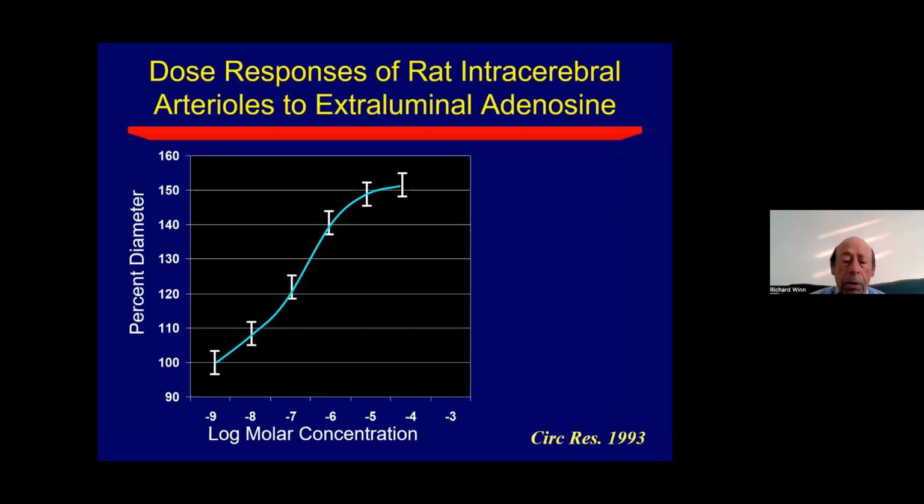So in regard to adenosine, we found this dose response curve. Here's percent diameter. Here is the response curve, and you can see it's sigmoidal. But interesting, this is the area where small increases in adenosine should increase diameter most dramatically.